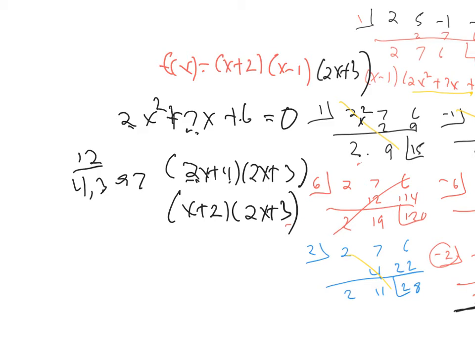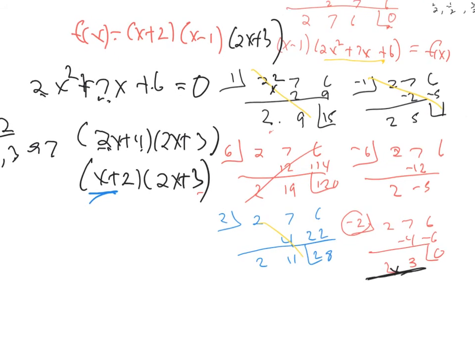There's the x plus 2 that I found right here. x equals negative 2 means x plus 2 equals 0 is the factor. There's my leftovers. Do you see it? 2x plus 3. So 2x plus 3 equals 0 means x equals negative 3/2. Is that correct?